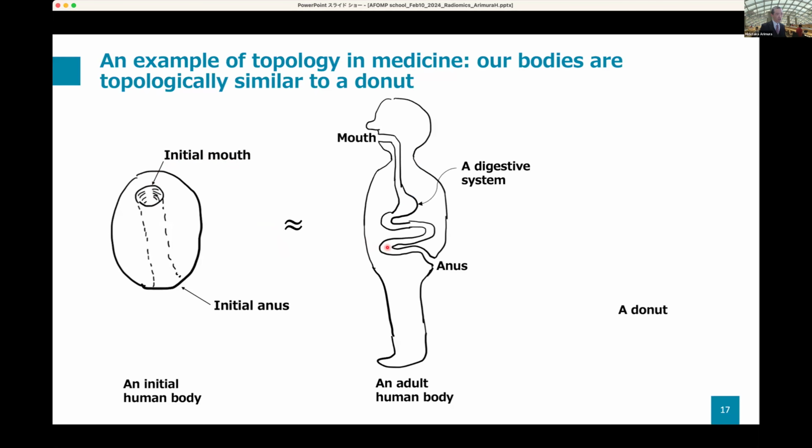Then we have the adult human body, from anus to mouth, and between mouth and anus, we have a digestive system. Our body is almost the same as this. So from a topological point of view, the human body is maybe a donut. So this is the topology idea. We don't care about concrete shape. In this case, just one tunnel.